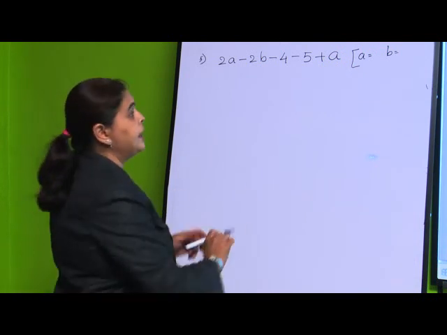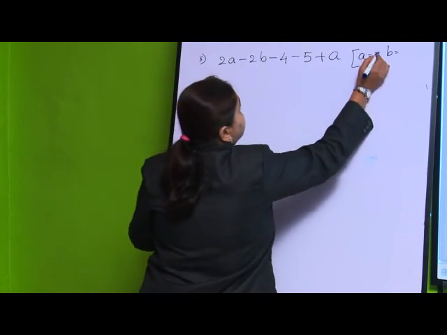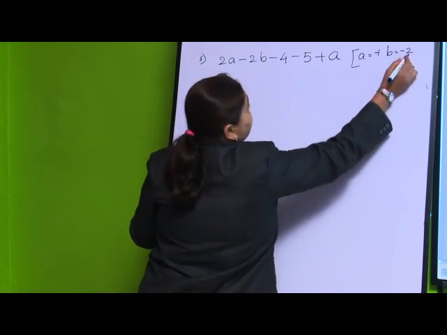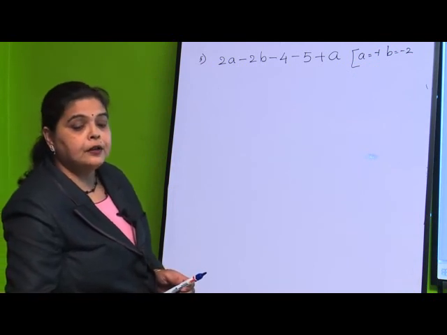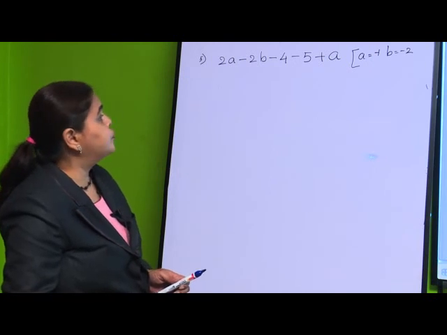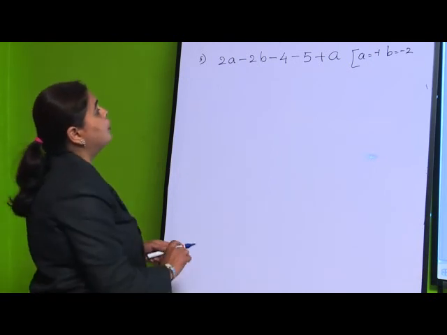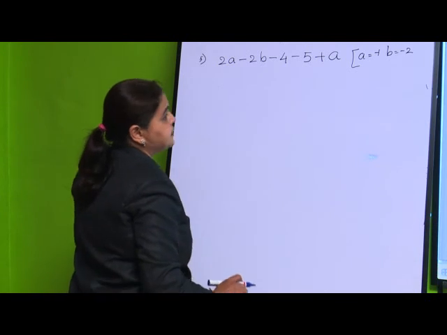The value of a is minus 1 and b is equal to minus 2. So, we will try to solve this example.